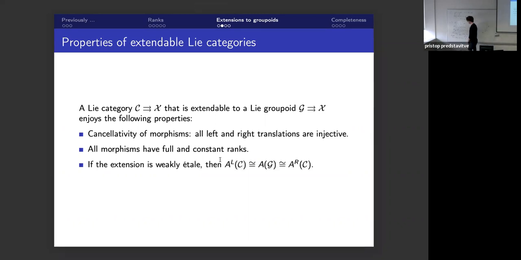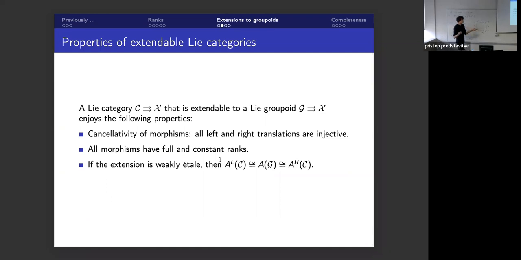And for the last one, if we have the very nice setting of a weakly étale extension, then the left algebroid of our category is going to be isomorphic to the algebroid of the groupoid. Well, of course, there's a canonical identification, as has been mentioned in the previous talk, between left and right algebroid in any groupoid, because we have inversion.